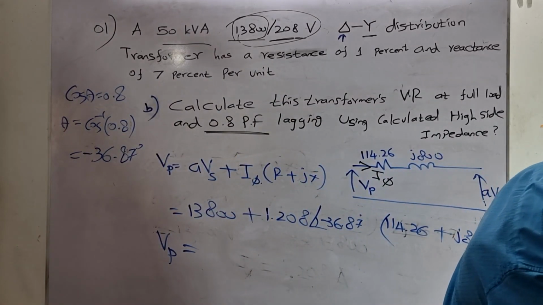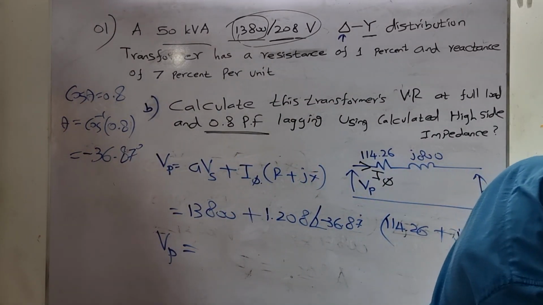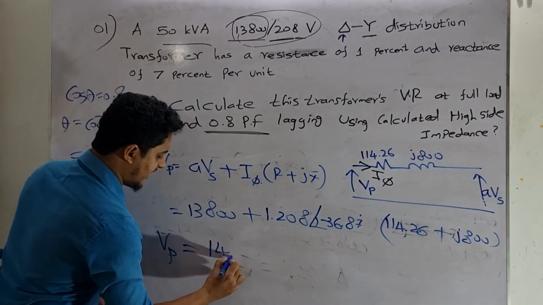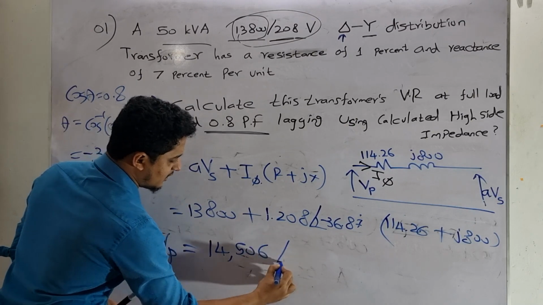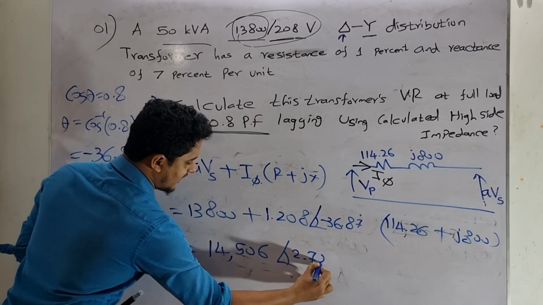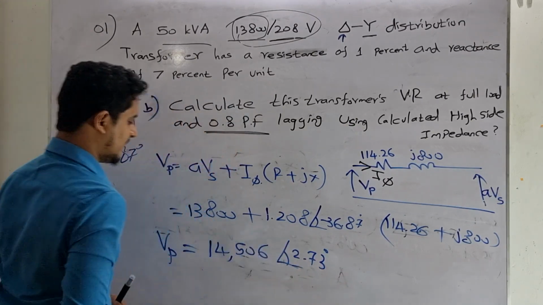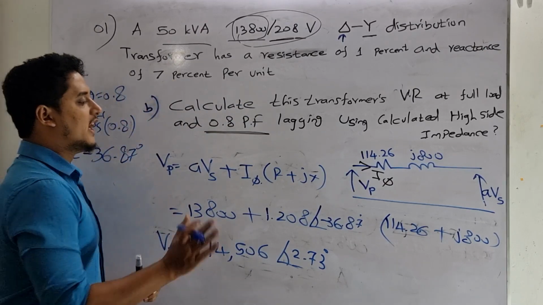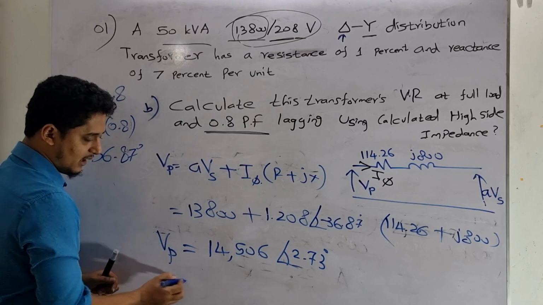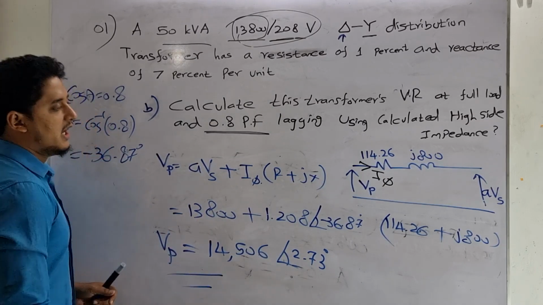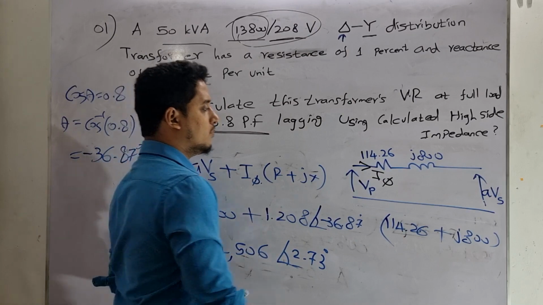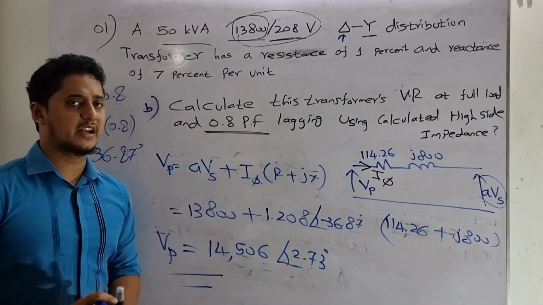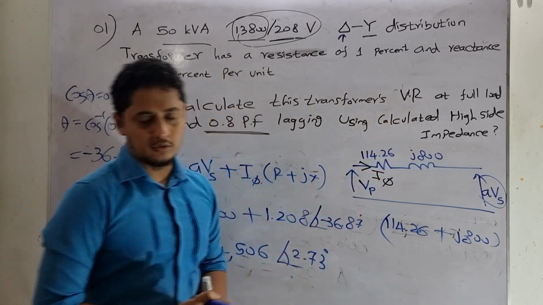And what is the input voltage? 14,506 at angle 2.73. Okay. So this is the input voltage, this is the Vp. So we have calculated the primary side input voltage, and we already calculated the output voltage A into Vs. From these two things, we can calculate the voltage regulation.